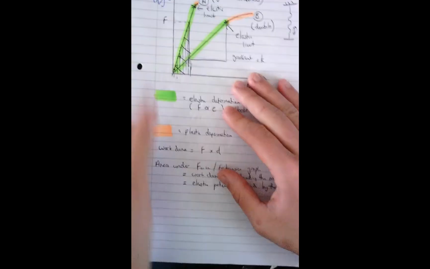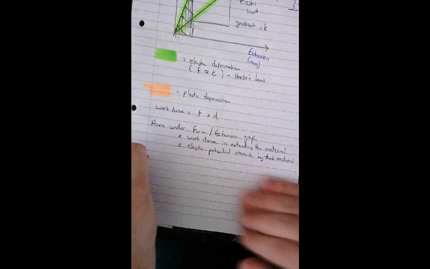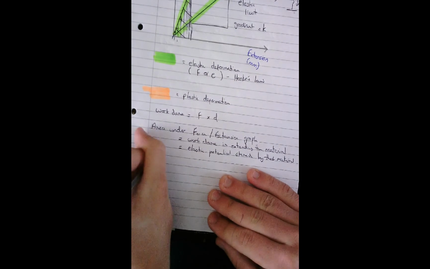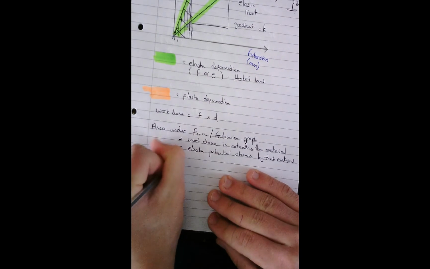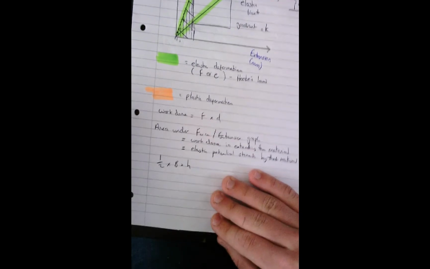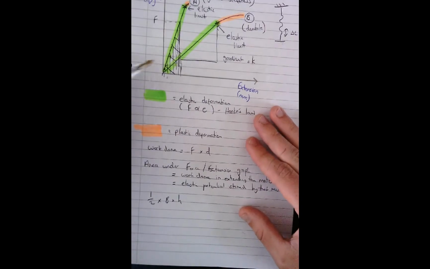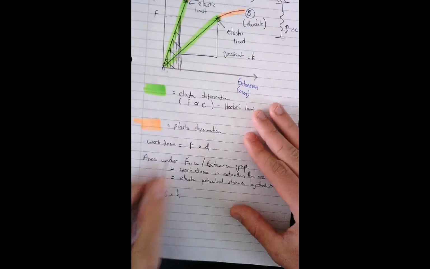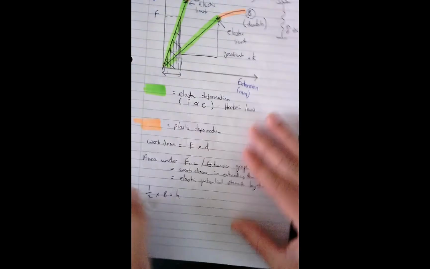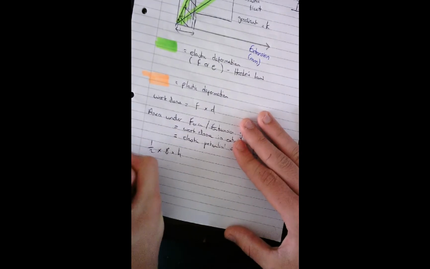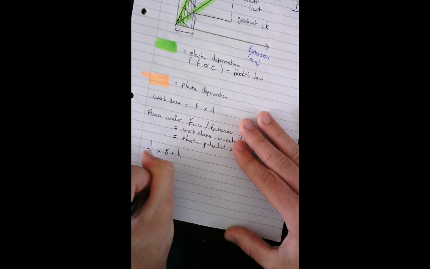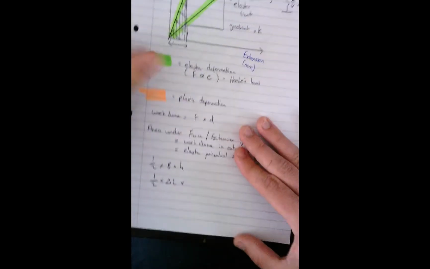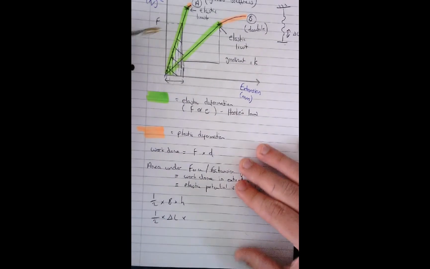So we know the area is the energy stored, so we're going to be dealing with a half base times height business. The base of the triangle here is our extension, delta L. So it's going to be equal to half times delta L times the height. Well, the height is given to us here by the force.